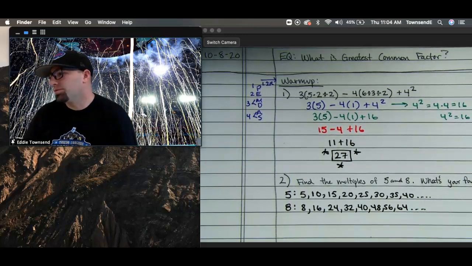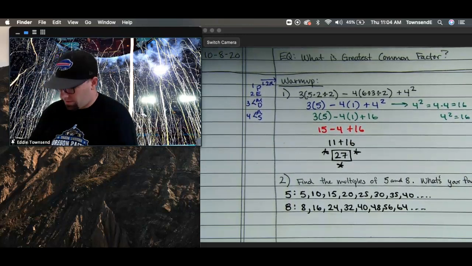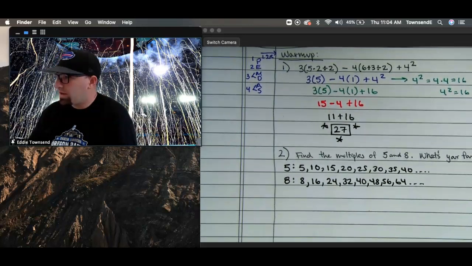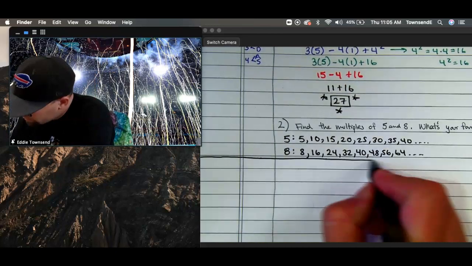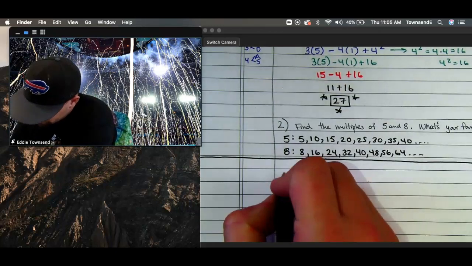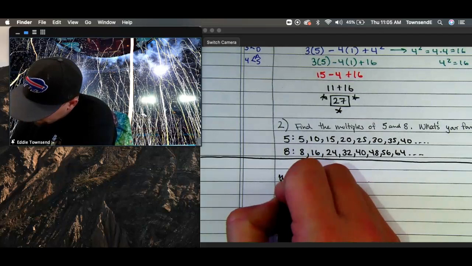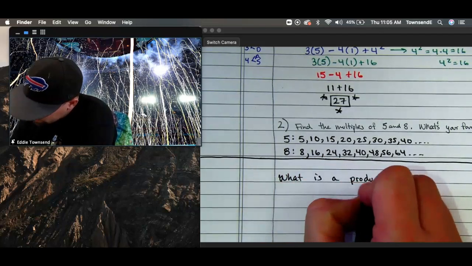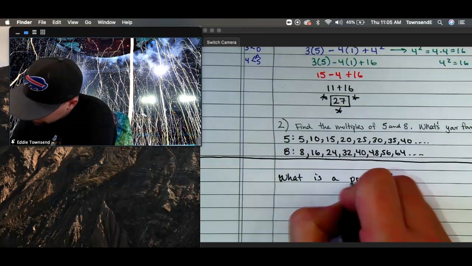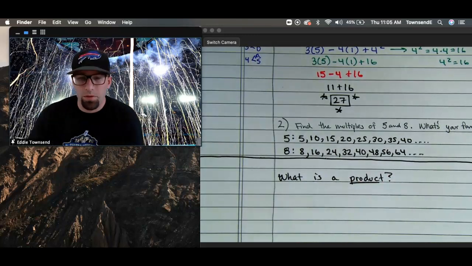Okay, multiples. But now what we need to do is we're going to take some notes now. So draw a line here. And the question is, what is a product? What is a product?